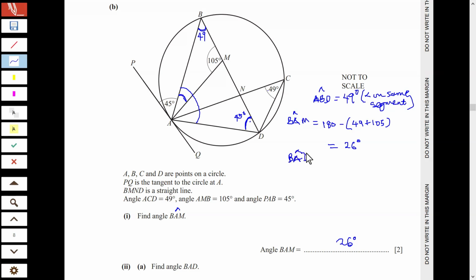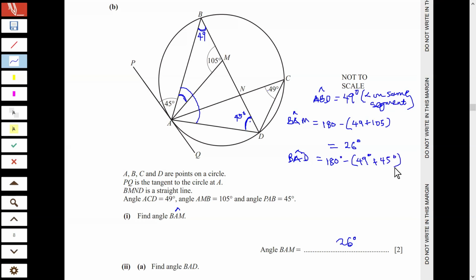Now angle BAD will be equal to 180 degrees minus the sum of 49 degrees plus 45 degrees.